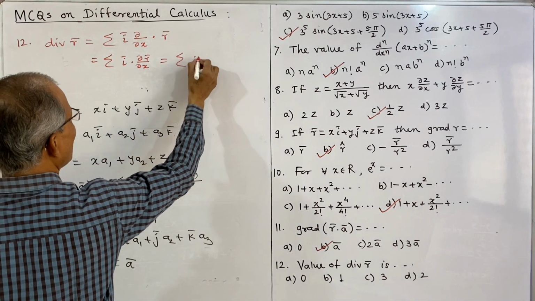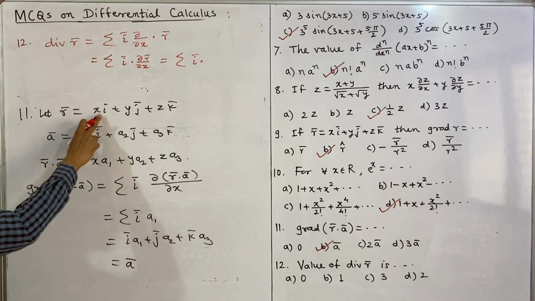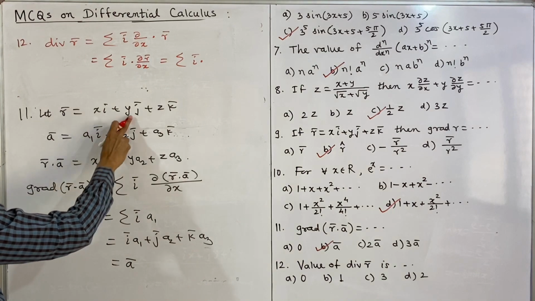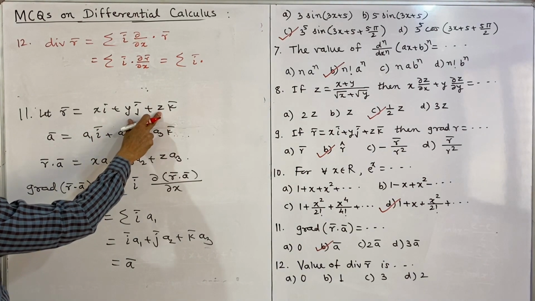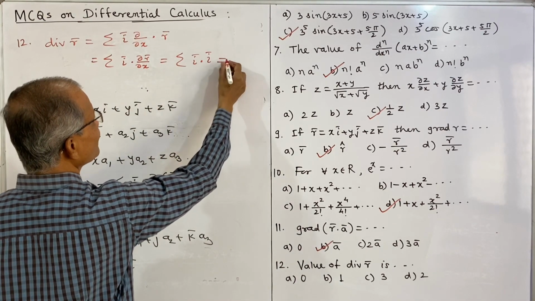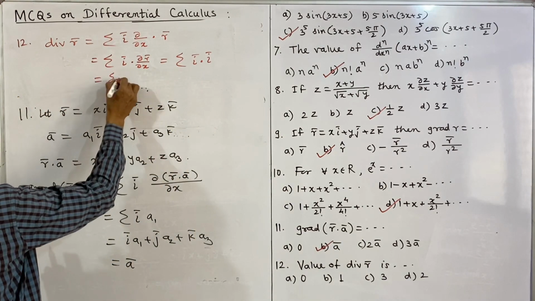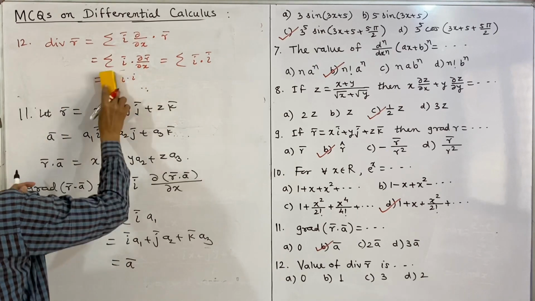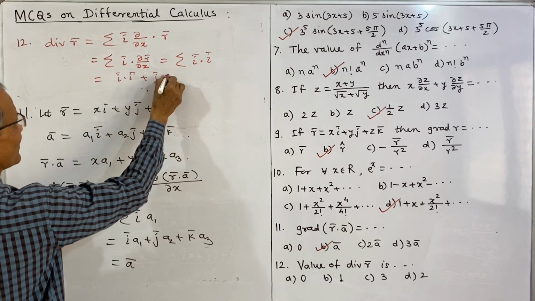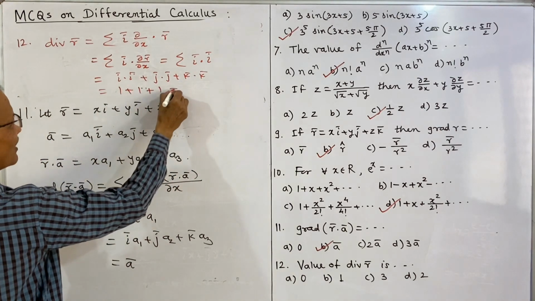What is dou r bar by dou x? That is 1 into i, since the partial derivative of the other terms with respect to x is 0. So it is i dot i, and the full expression will be the sum over such terms, that is i dot i plus j dot j plus k dot k, and each is 1. So it is 1 plus 1 plus 1, and that is 3.